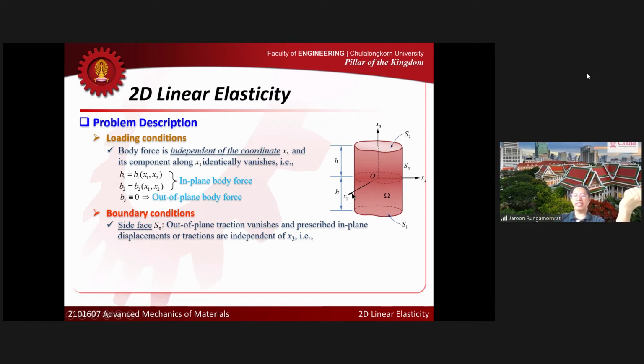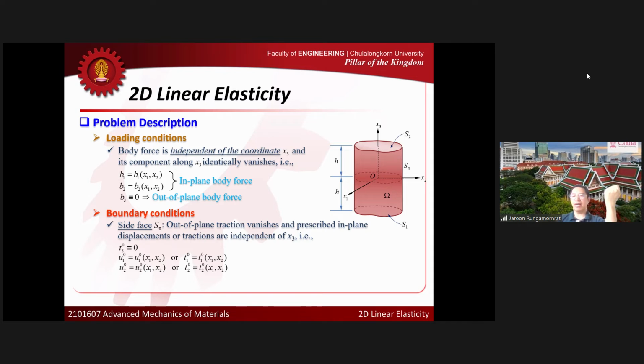We can specify displacement, or we can specify traction in the x1 and x2 directions. And that traction or displacement has to be independent of x3. So this is the boundary condition that we look at on every point of the surface S pi.